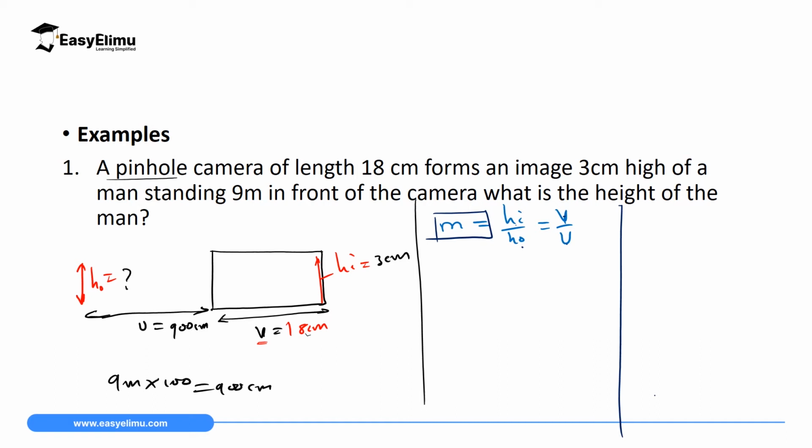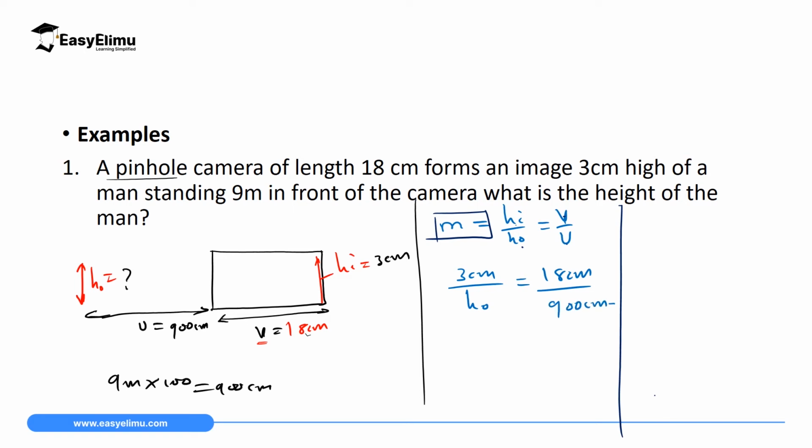Yes, we have HI as 3 centimeter. Do we have HO? In this case we don't have, that's what we are looking for. Then do we have V? We have V as 18 centimeter. Then do we have U? Yes, we have U as 900 centimeter.